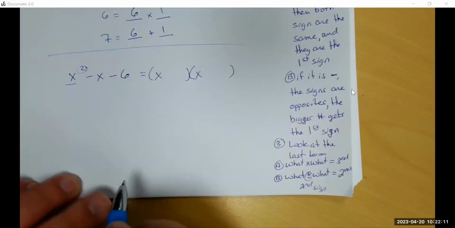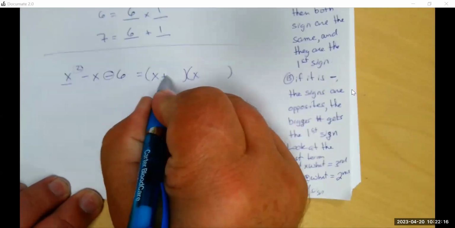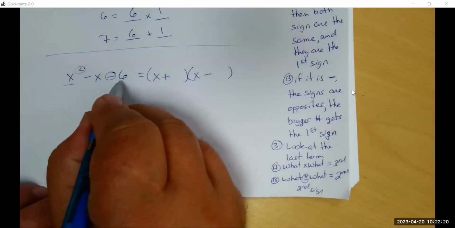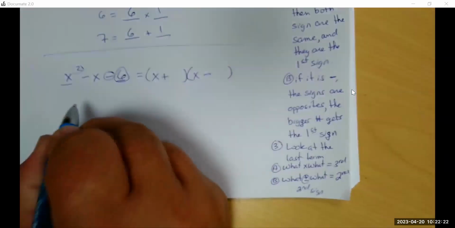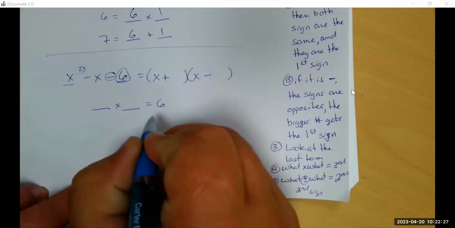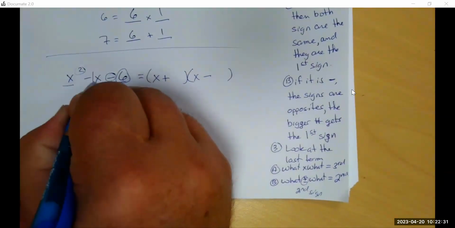X and X. The second sign is a minus, which means one's plus and one's negative. Now we got to figure out, look at the last term. What times what equals 6? When we subtract them, we get 1.